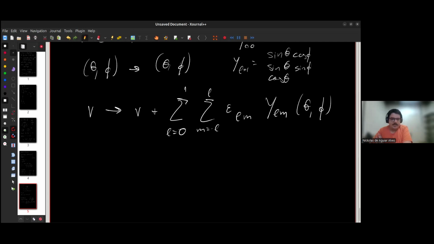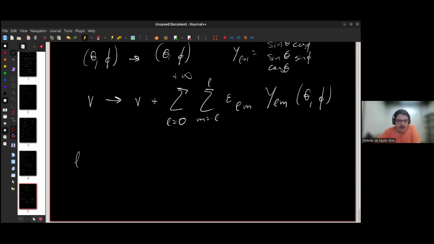Now, when I write things in this suggestive manner, it is sort of natural to wonder what happens if I try to consider more general transformations in which I just lift this restriction of stopping at L equals 1 and just let the spherical harmonics run into whatever they want instead of stopping specifically at L equals 1. Now, when I do this, what I'm changing is the following. For L smaller than or equal to 1, I have 4 parameters. So I'm going to have 4 values of epsilon here.